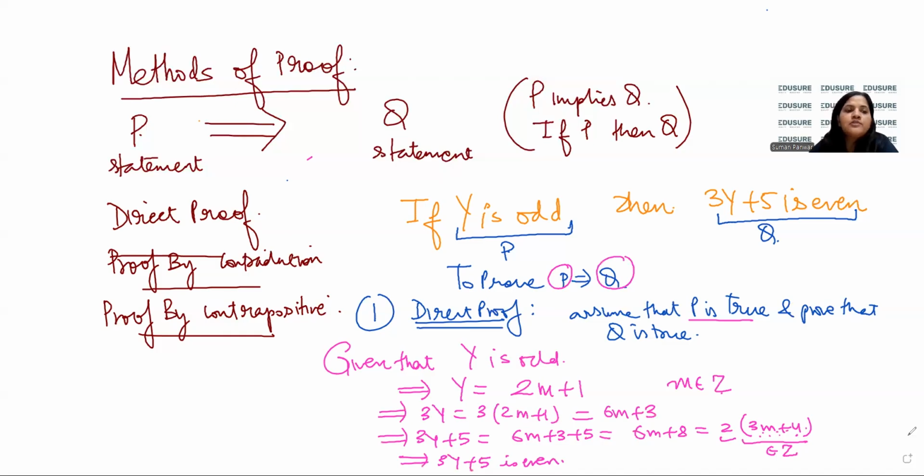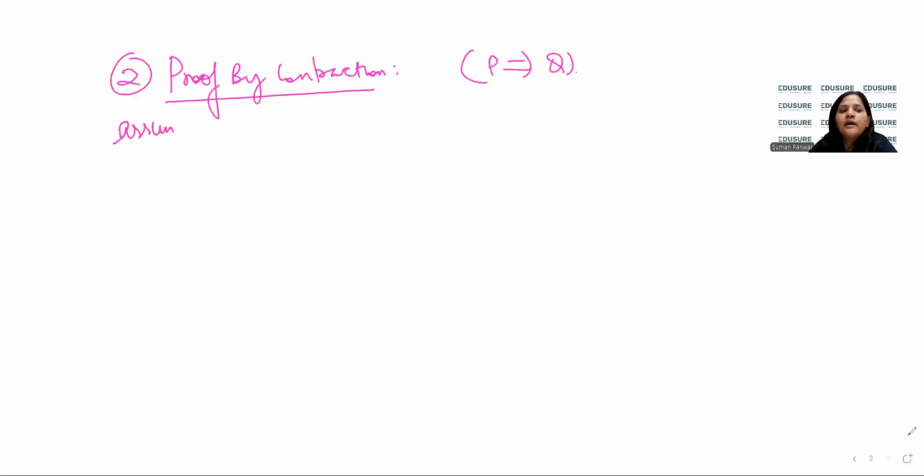Now, let us look at the second one. Proof by contradiction. So basically, we have to prove that P implies Q. What we do in this is assume that P is true, but Q is false.